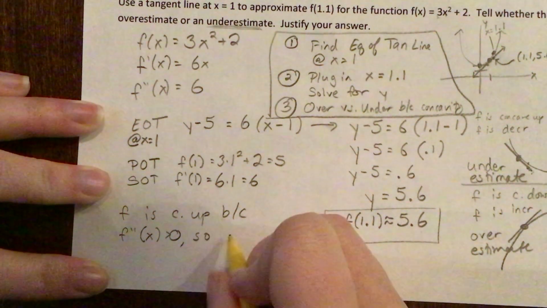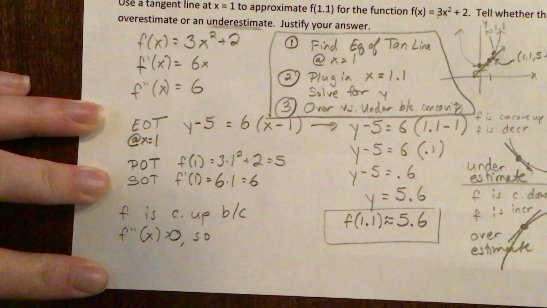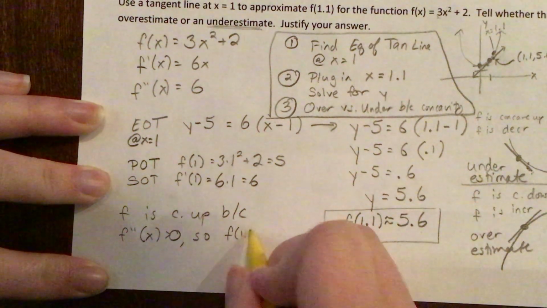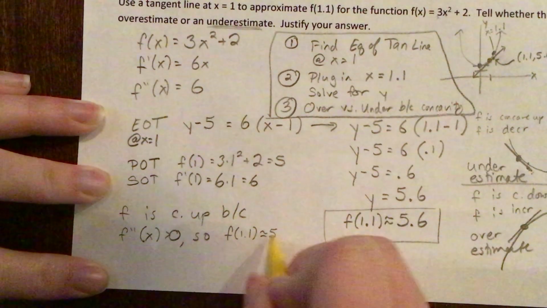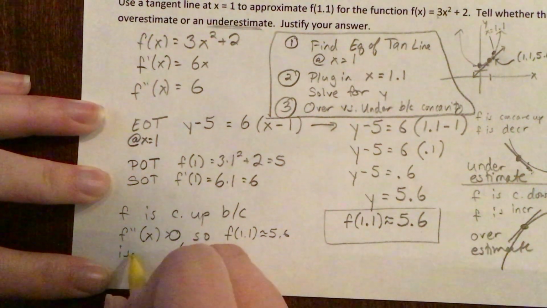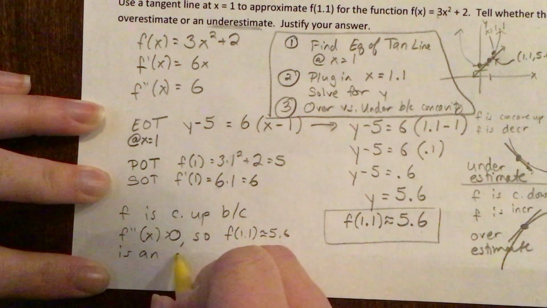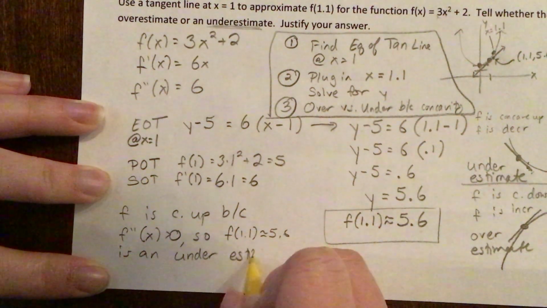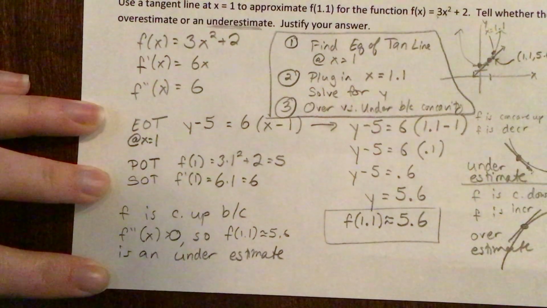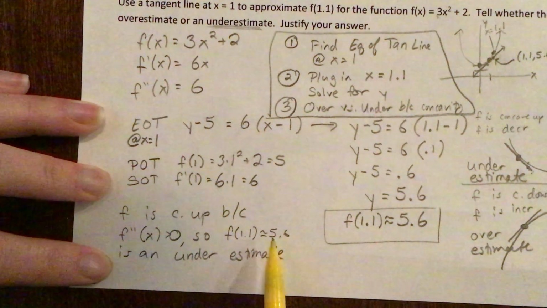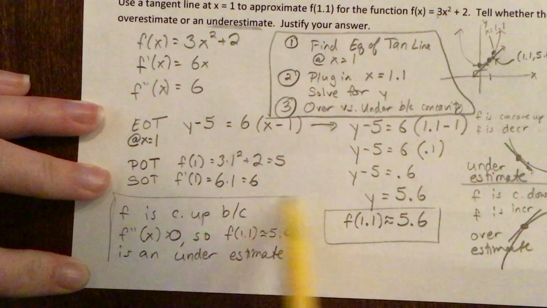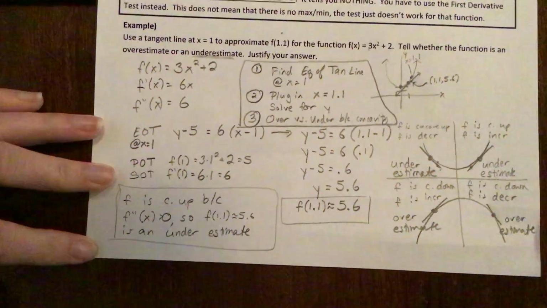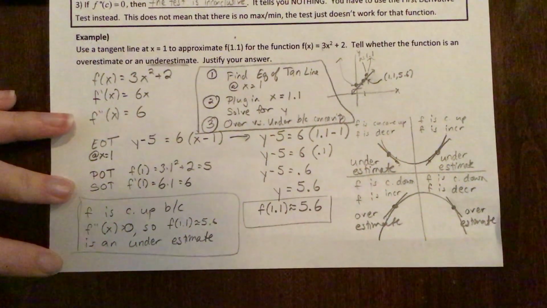So f of 1.1, which is about 5.6, is an underestimate because the tangent line is below where that y value really should be. Zoom out so you can see all of that, and we are done.